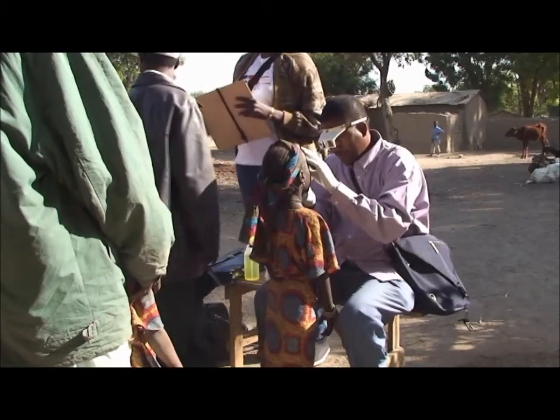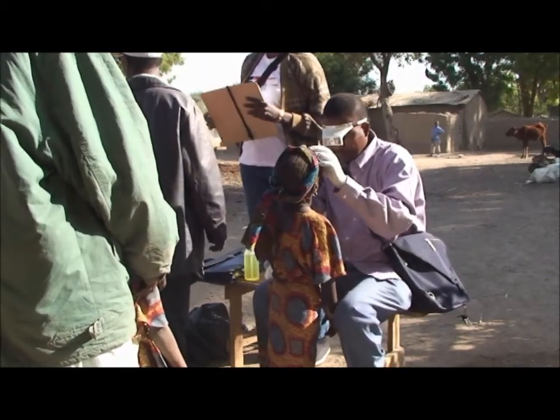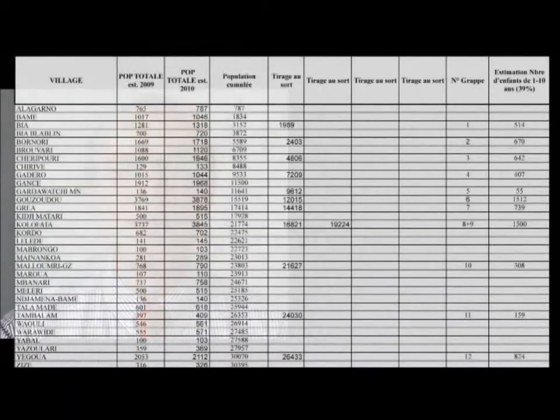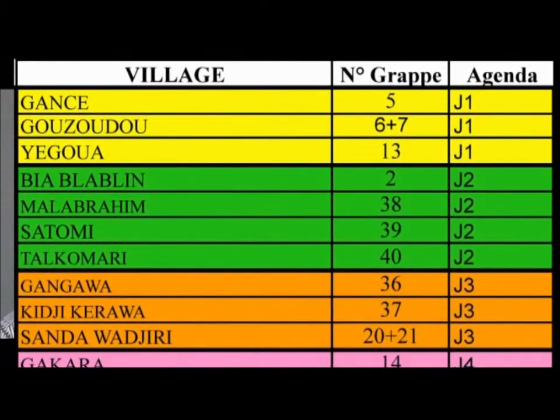To have a much more precise idea of the real prevalence of trachoma in a population, you must do a study on a representative sample of that population. For this, you make a list of the health district's villages and randomly select certain numbers of clusters or villages and a certain number of children.